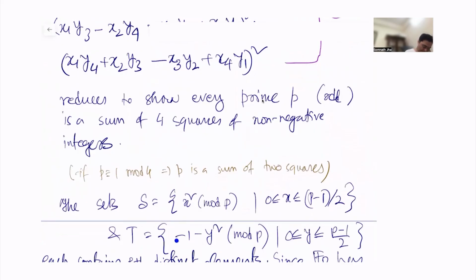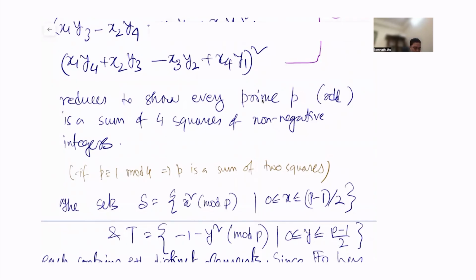And you have the set minus 1 minus y square mod p, where y is between 0 and (p minus 1)/2. This is in bijection with minus y square, and this is in bijection with y square. Again, you can check that these are distinct. They're all distinct in F_p. So in F_p, you got (p plus 1)/2 and (p plus 1)/2.